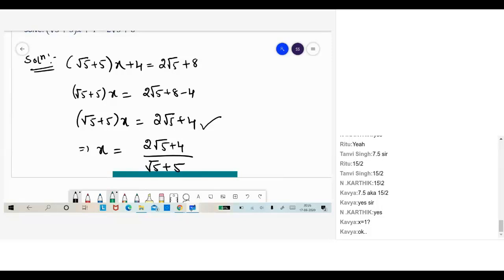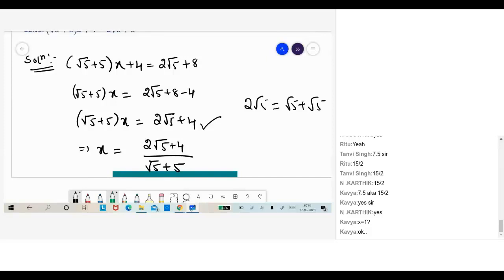Sir, 2 root 5 means root 5 into root 5? No. 2 root 5 means root 5 plus root 5 is 2 root 5.